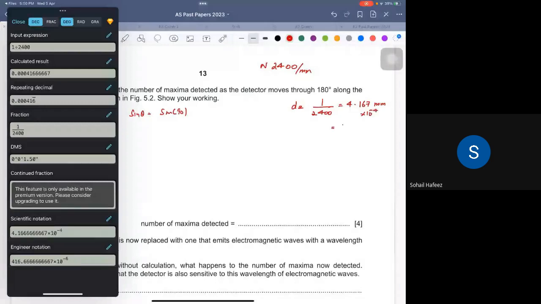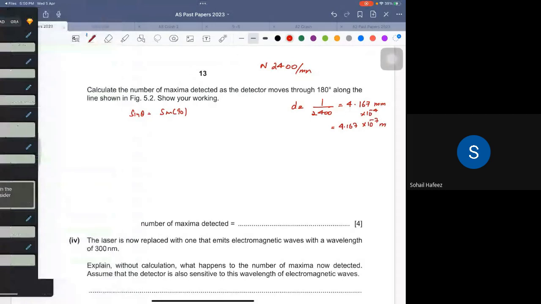If I want to change it to meters, I have to multiply by 10 raised to minus 3. So 4.167 times 10 raised to minus 7 would be in meters. Okay, so we've done that.